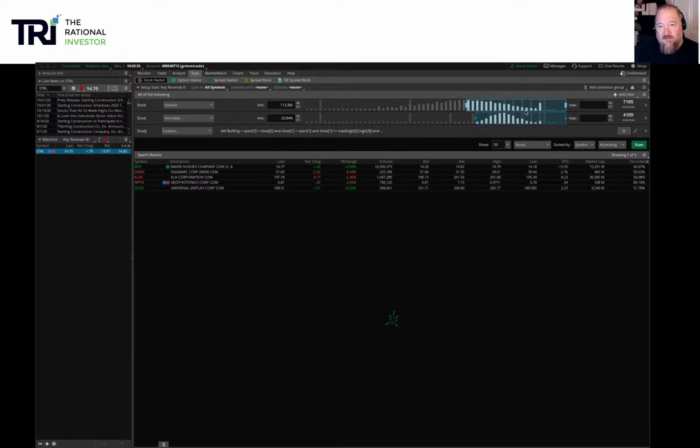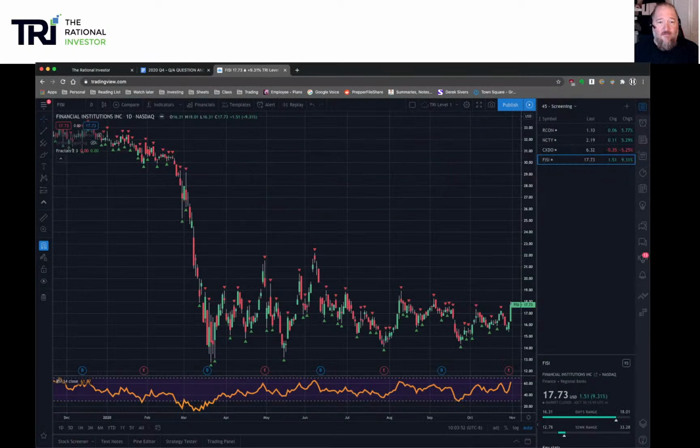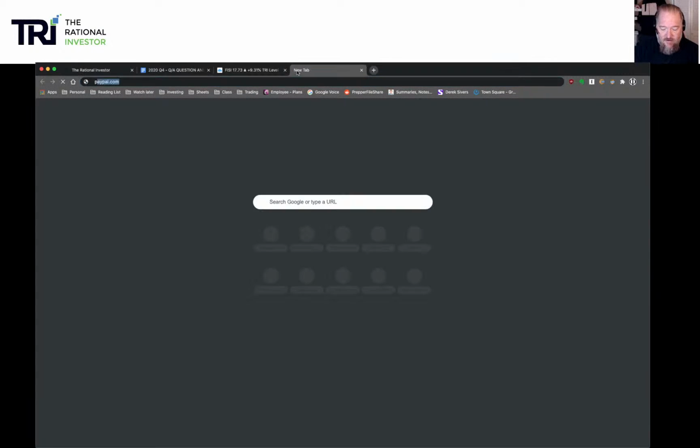You can set up what stock price you're looking at, what volume, and what volume index, which is volume related to its historical volume. Then I've got this custom indicator, and I'll share this. I think I've got that on my paste bin.